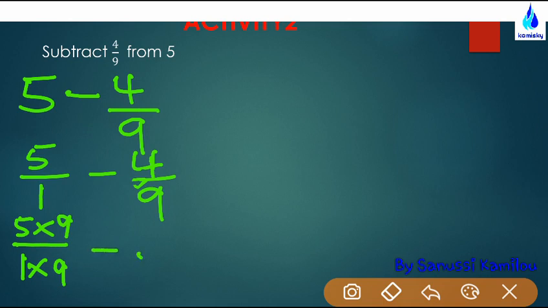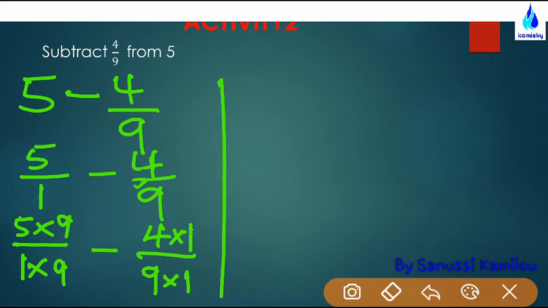Then here, what do I do to 9 to get my 9? So you know that 9 is what we are looking for. So multiply by 1. And then I do the same thing at the top, 5 times 9. Sorry, 1 is what we are using this time, so it will be 1 at the top.